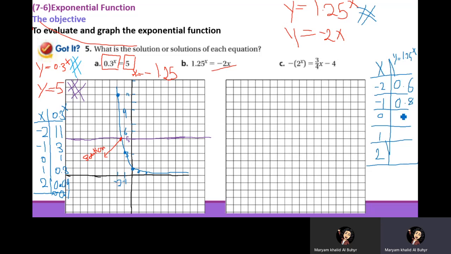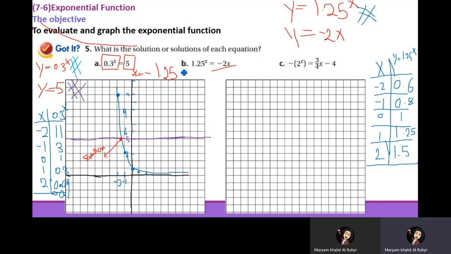Once you have 0, it will be 1. Once you have 1, it will be 1.25. Once you have 2, it will be 1.25 to the power 2, which gives you 1.56 something. Just take 1.5, easier.